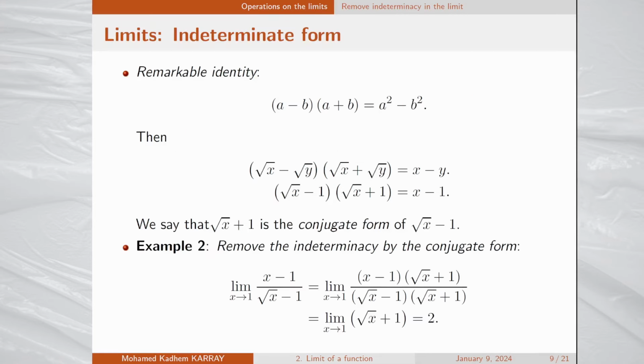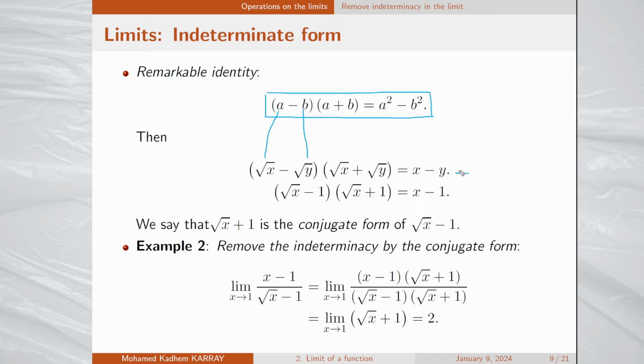Here is a second method to remove indeterminacy when calculating the limit. It is based on a remarkable identity saying that a minus b multiplied by a plus b equals a squared minus b squared. If we apply this identity with the square root of x in place of a and square root of y in place of b, we get this second equality.